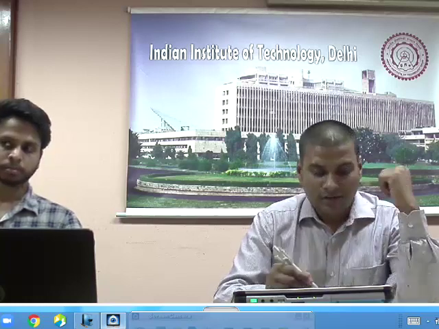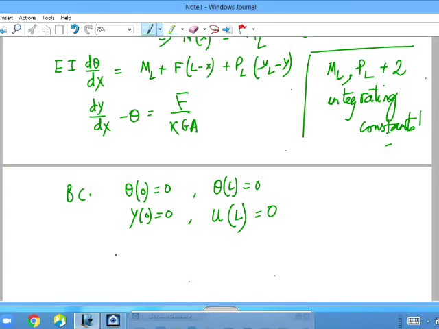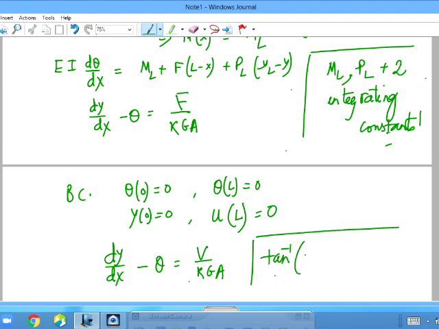Likewise, even Timoshenko beam theory. So in Timoshenko beam theory, we have dy by dx minus theta equal to v by kGa, right? But actually it should be tan inverse dy by dx minus theta equal to v by kGa.